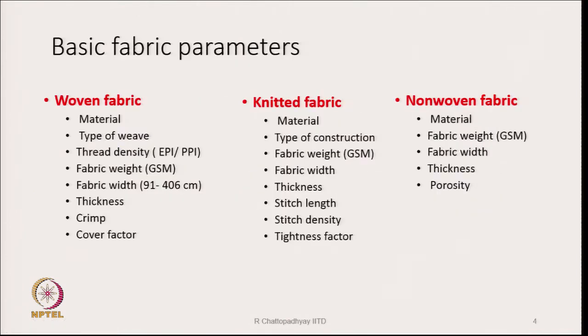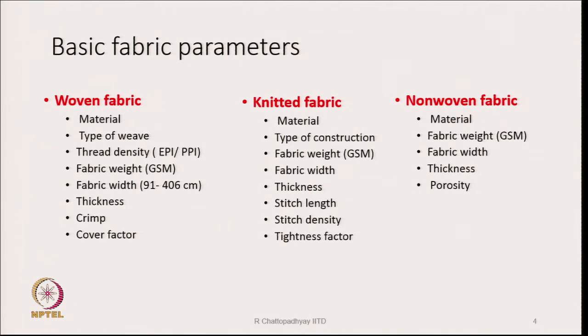Now, what are the basic parameters of a fabric? For woven fabric, first important parameter is the material. It is made of which material? Is it cotton or polyester or rayon or silk or wool? So, material is one of the important parameter. Then comes type of weave. What is the type of weave that has been used to make the fabrics?